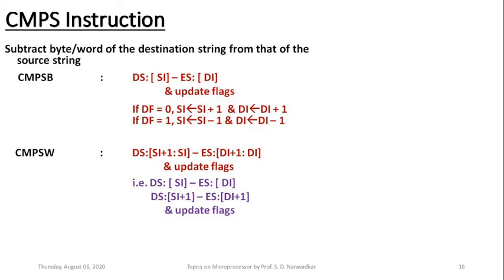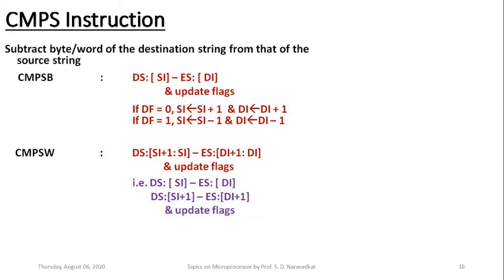It means that compare string word, if I want to show it in a splitted manner, looks like this. Source string, its first offset location's byte, minus destination string, its first offset location. Similarly, the subsequent byte on the next line, and then update the flags, check the flags.